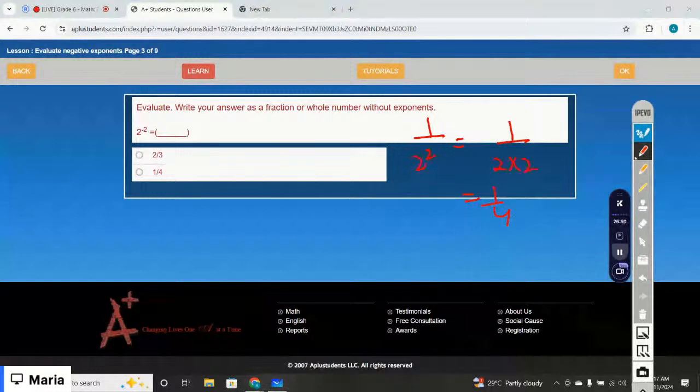The correct option is option number 2, that is 1 divided by 4. Very good.